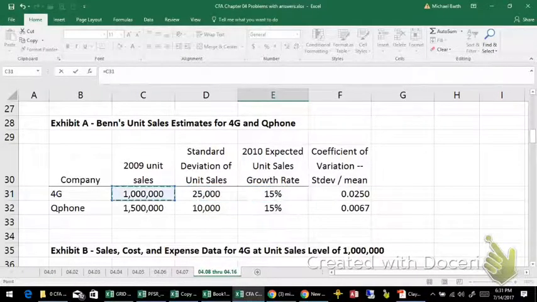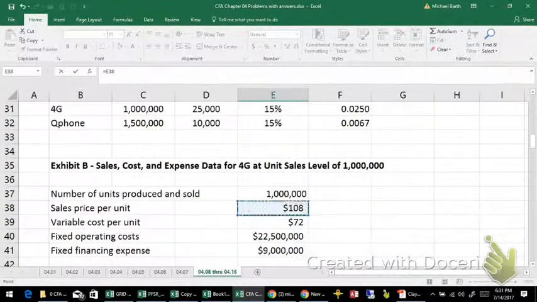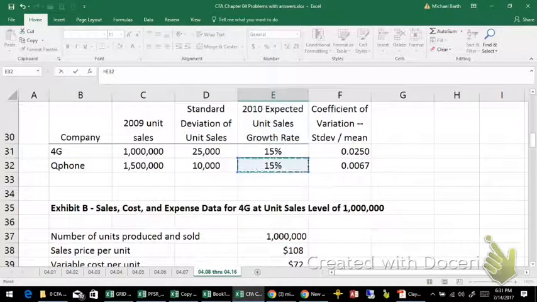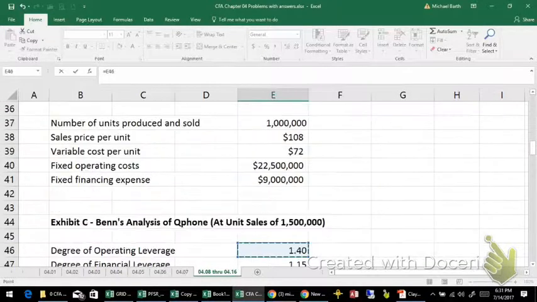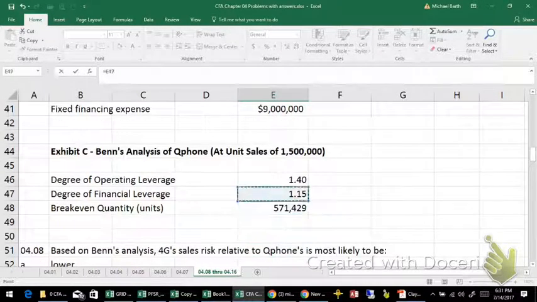This year is forecast at 1 million, and we expect that to grow by 15%, so 2010 should be 15% higher. That's our forecast for both companies, and we're doing Q-Phone here. So Exhibit A says we expect a unit sales growth rate of 15%, and Exhibit C has the degree of operating leverage, which Mary already calculated at 1.40.